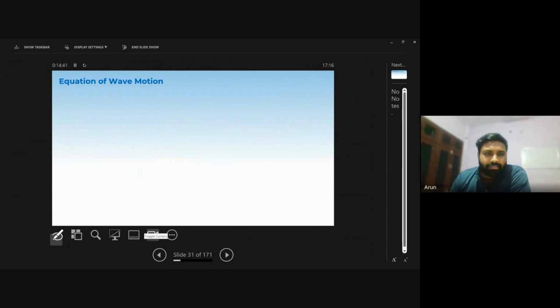Now before doing that, I will explain it in my own terms. Now the general equation of wave. Okay, and try to take the notes. Got it? It's really important.